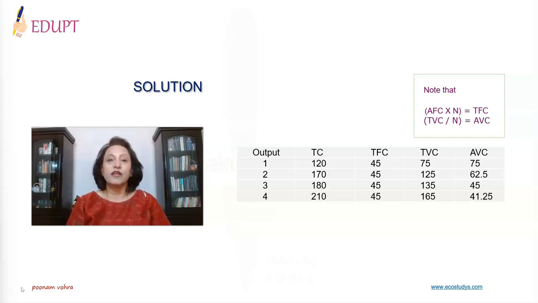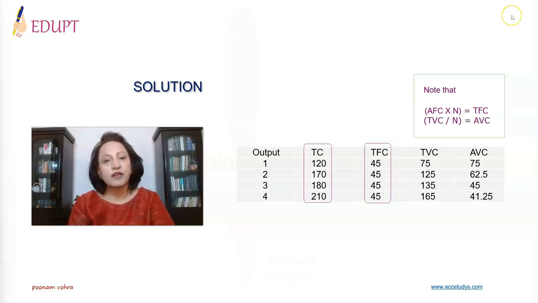So you get total fixed cost, you have number of units produced, you have total cost with you. So it becomes now easy to find total variable cost, as total variable cost is total cost minus total fixed cost. Now once total variable cost is known, now you can find average variable cost.